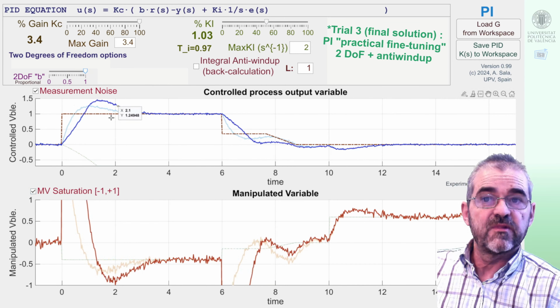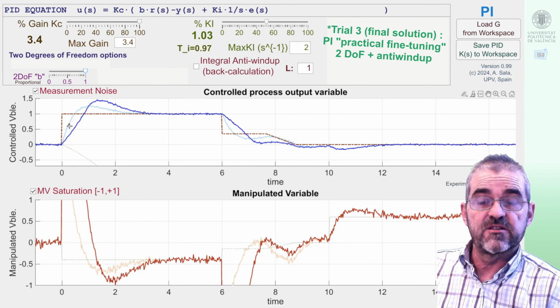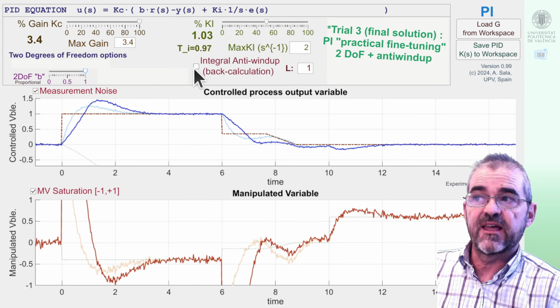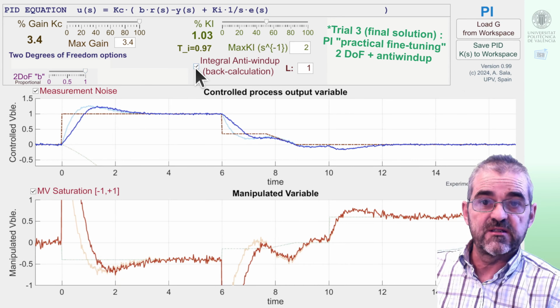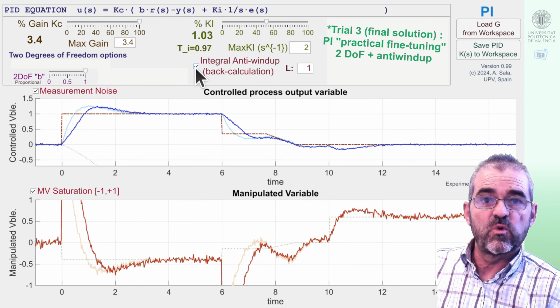And even more, without two degree of freedom control, if we saturate, then the initial part of the transient cannot move so fast, so we accumulate more error than theory predicts, so overshoot may be higher, so we need to apply some anti-windup tweaks to the integral action to avoid that.